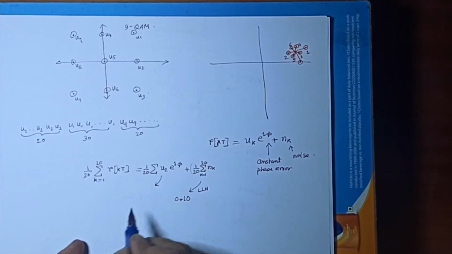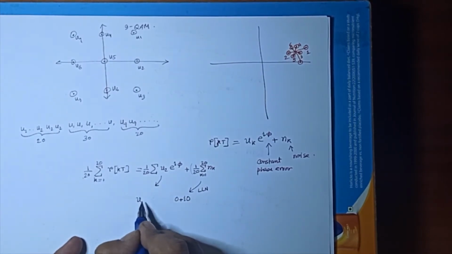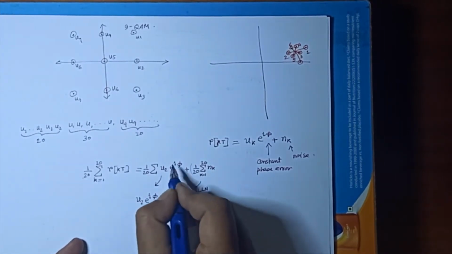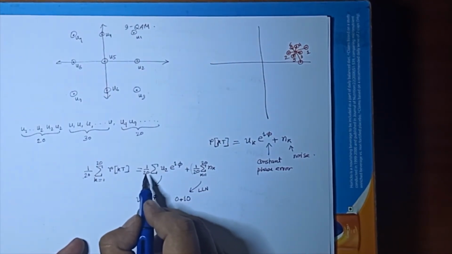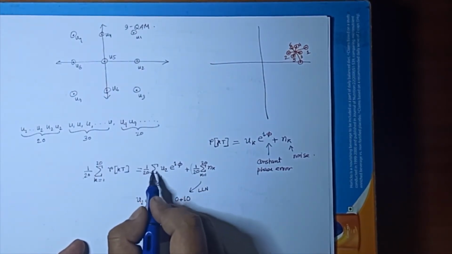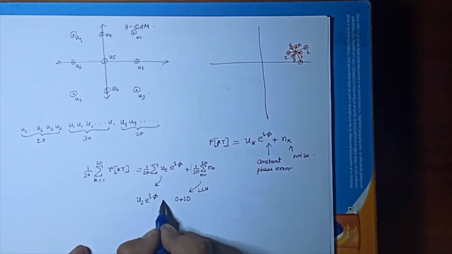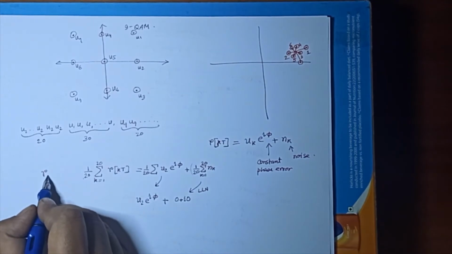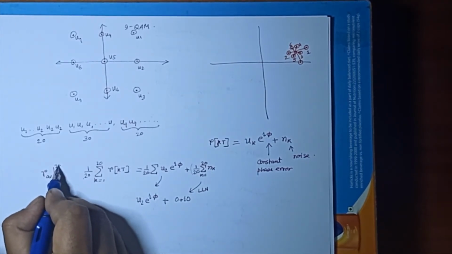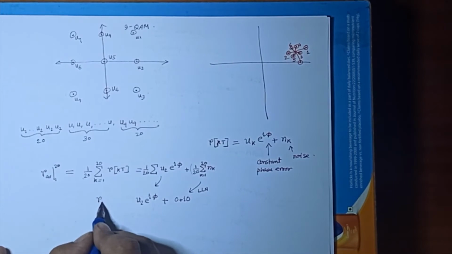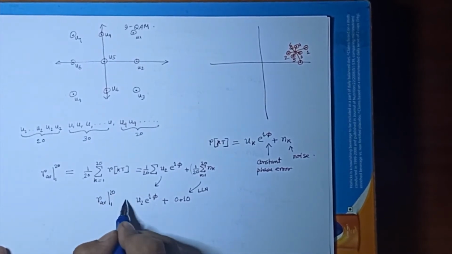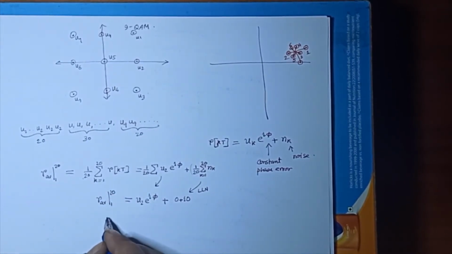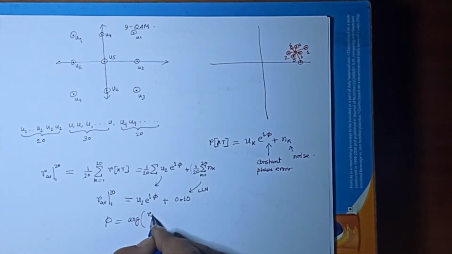And what remains is simply U2 e^(j phi), because this value is constant for all 20 iterations, so the sum over k equals 1 to 20 just cancels out. So your average, R average from 1 to 20, will simply give this. From here you can get phi. Phi will be the arg of R average from 1 to 20 divided by U2.